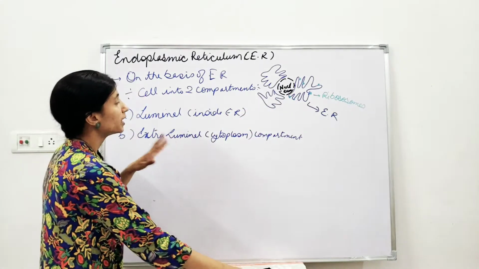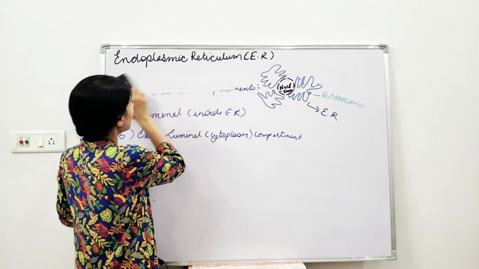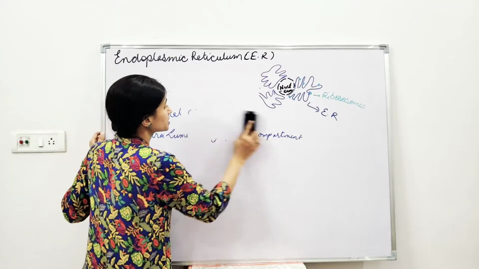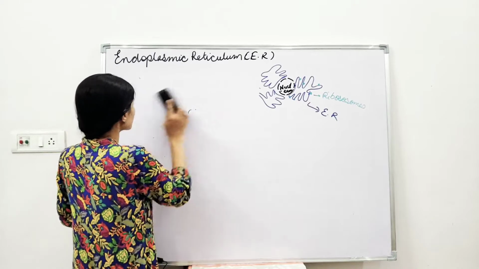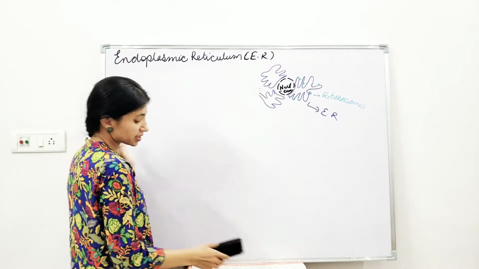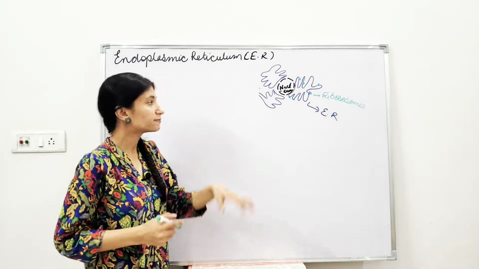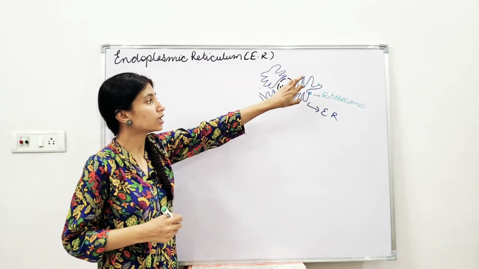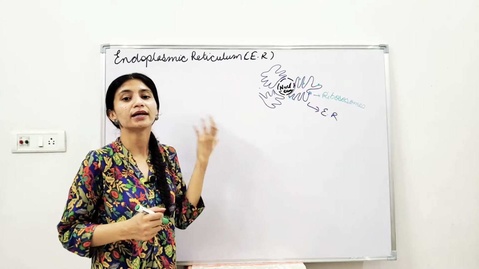Okay, now moving ahead, we'll discuss more about the presence of RER and SER. Do RER and SER have any distinct role, or is it just like that? See, you will always find ribosomes present on the endoplasmic reticulum only in active cells.